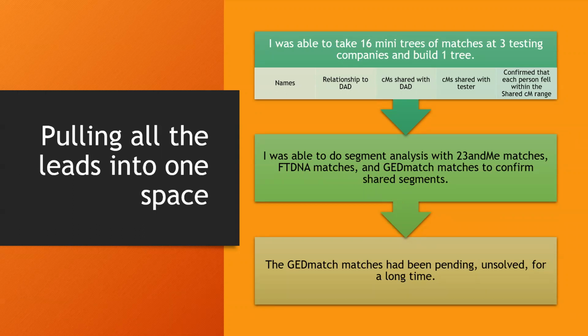So as I'm figuring out who people are and adding them to the tree, I'm also writing down the centimorgans they have in common and looking to make sure that those people are at the right generation. It's usually a difference of generation that I find, but I'm looking to make sure that I have everyone in the right place.